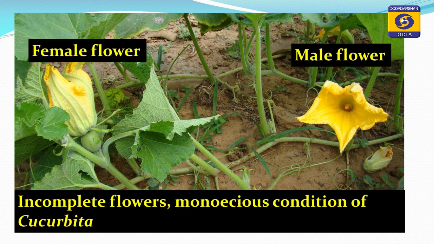Incomplete flower: we are acquainted with this plant, cucurbita. Cucurbita has male and female flowers born on the same plant. The male flower has 3 whorls, calyx, corolla and androecium, and the female has calyx, corolla and gynoecium. So, both are incomplete flowers.